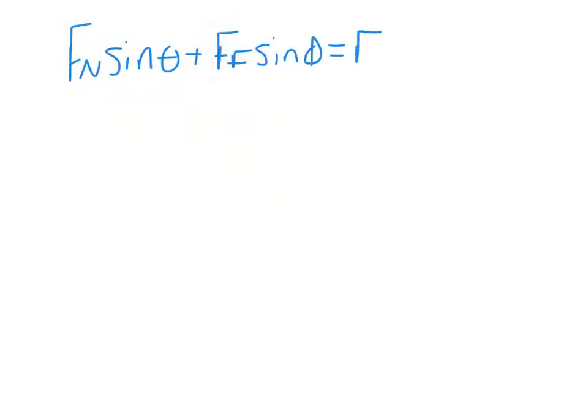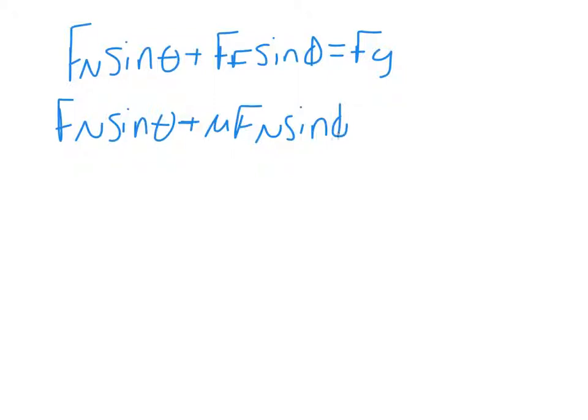So in the y direction, we had my Fny, so this is Fn sine theta, plus my Ffy, this is Ff sine phi, equaling Fg. Fn sine theta plus frictional force, which equals mu Fn sine phi, equaling Fg.